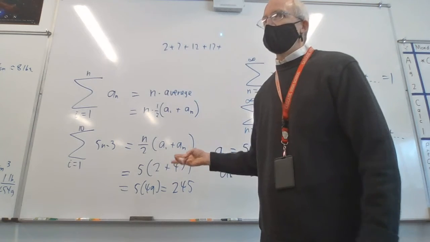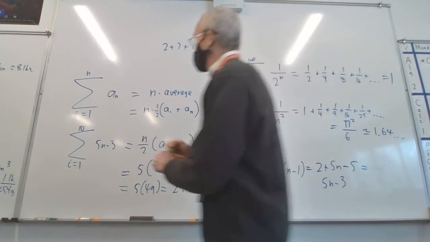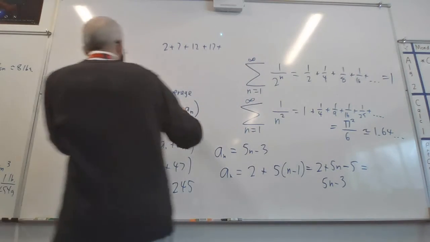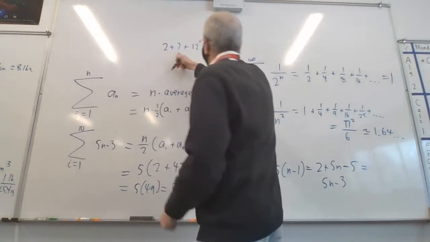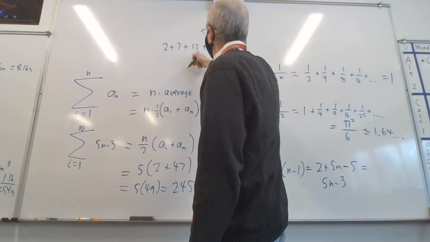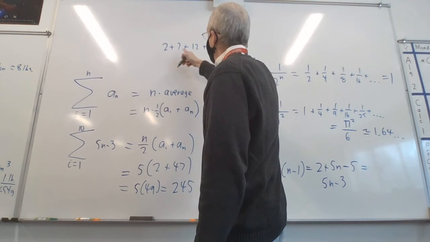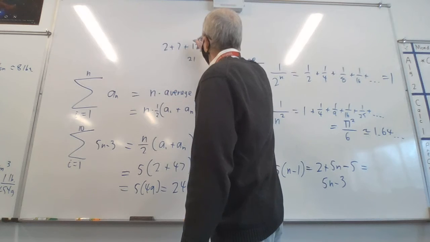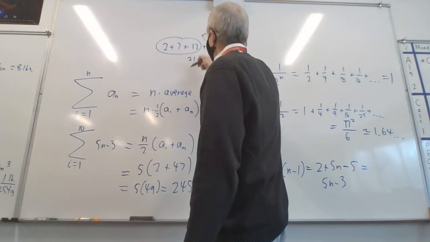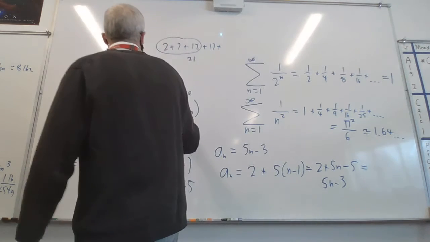Let's check our formula for the first 3 and make sure it works, because we can do that in our heads. If we add up the first 3, we get 2 plus 7 plus 12, which is 21. 9 plus 12 is 21. Okay, so let's do our formula for the first 3.